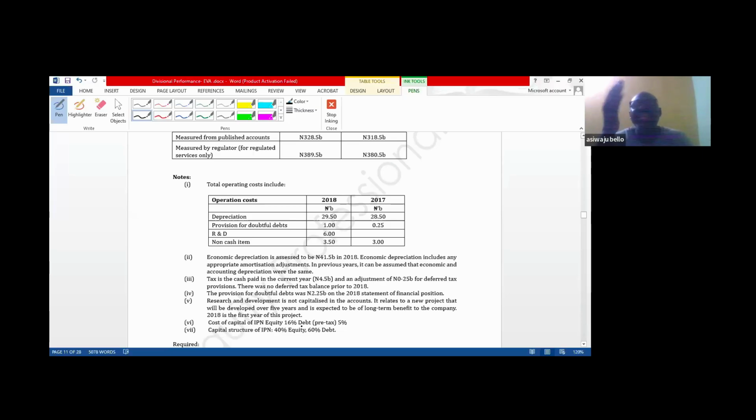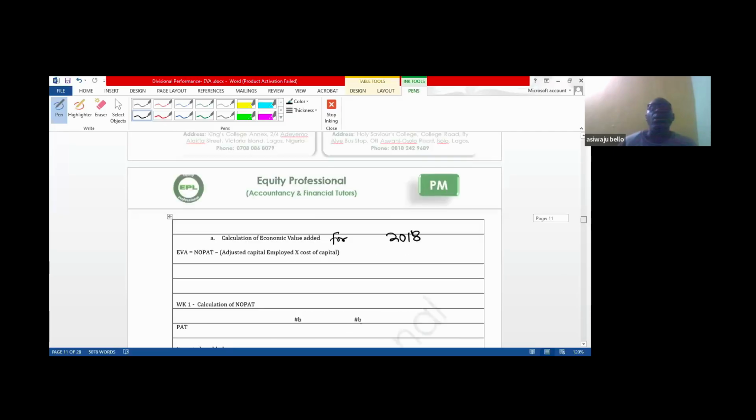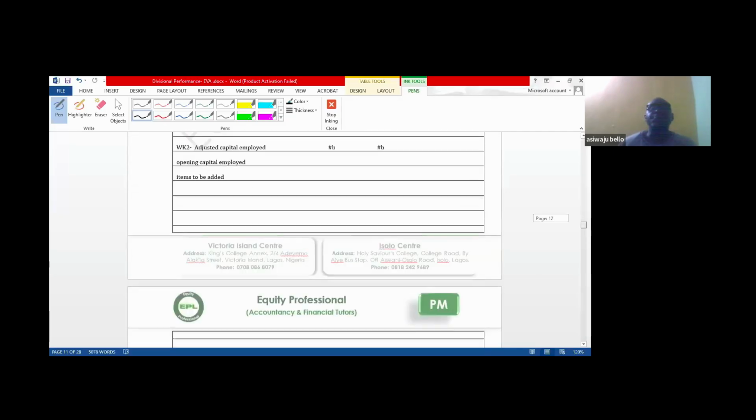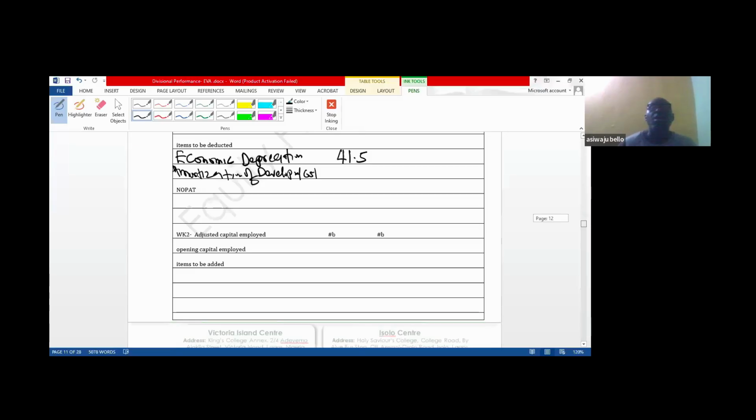What is the meaning of amortization of costs? It means to spread your costs over the number of years the project will run. This project is for 5 years. So we are going to spread the cost for 5 years. Look at it, please. To calculate that, 6 divided by 5.